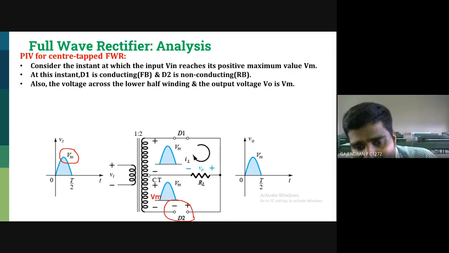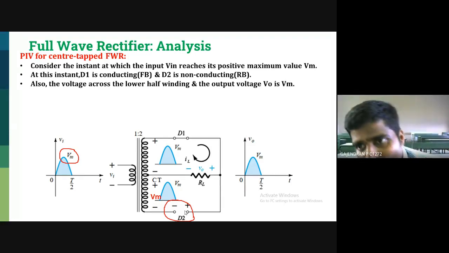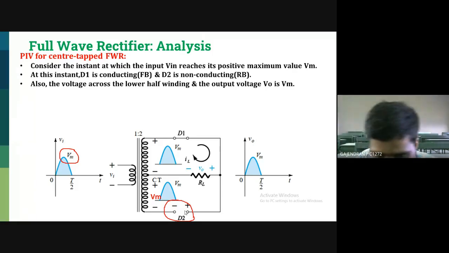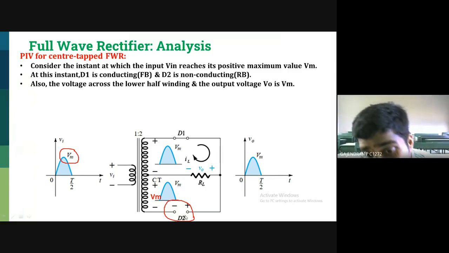The voltage across the lower diode, how much is it? Can anyone tell me how much it is? What is the voltage across the lower diode? What voltage is there across this? 0. The current across it is 0, but what will the voltage be?